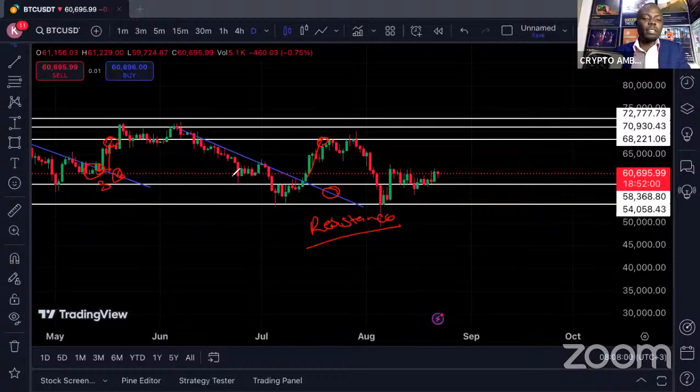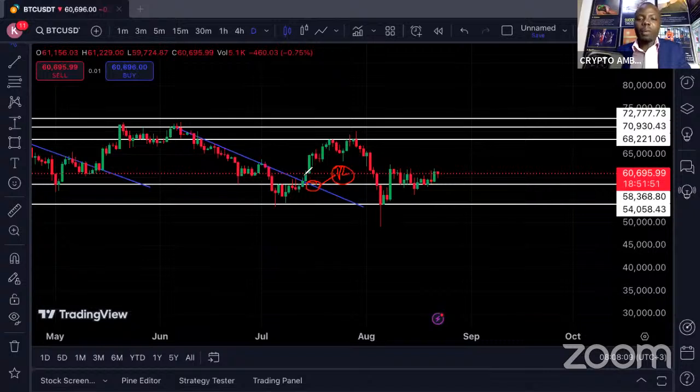So look here, friends, this line, once it's broken, it is a resistance line. And once it is broken, resistance lines are meant to be broken. For example, look here. How many of us can see that Bitcoin is confidently closing above this line?